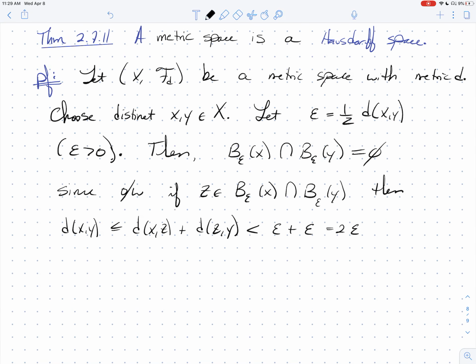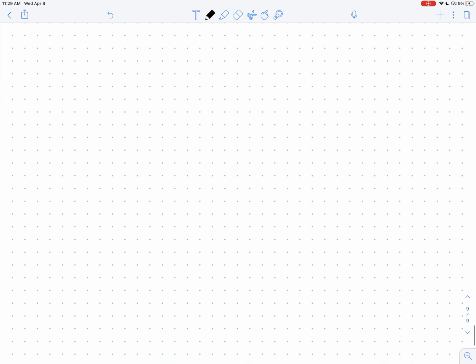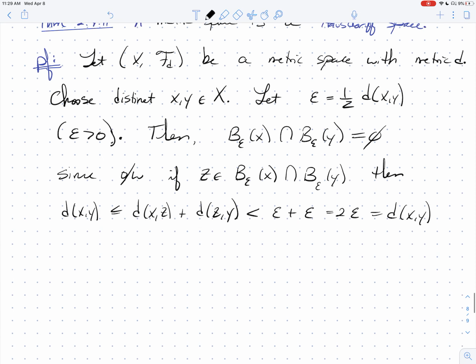Epsilon was 1/2 this distance, so this is exactly the distance between X and Y. And now there's a real problem, which is a contradiction. Make sure that you see the contradiction, right? You can't have d of X Y less than d of X Y, at least the last time I checked.